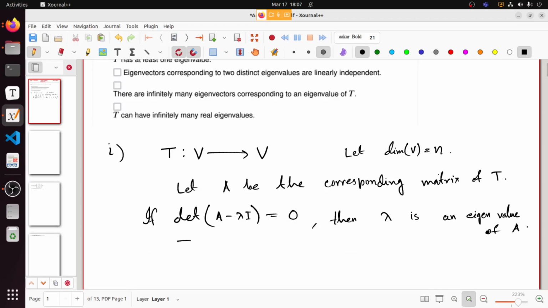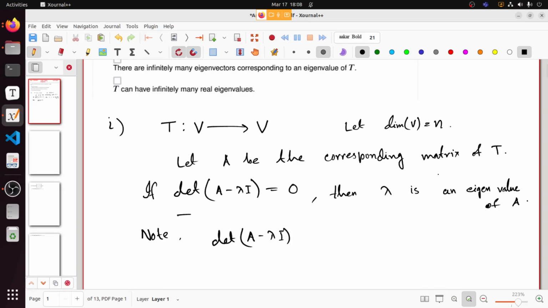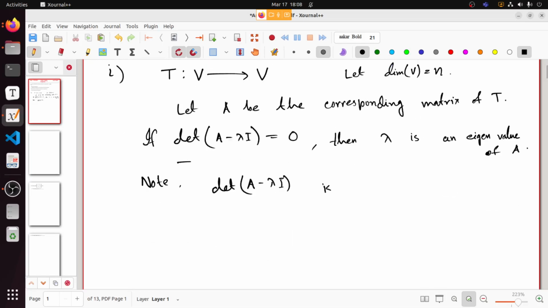Note that the determinant of A minus lambda I is a polynomial in the variable lambda.